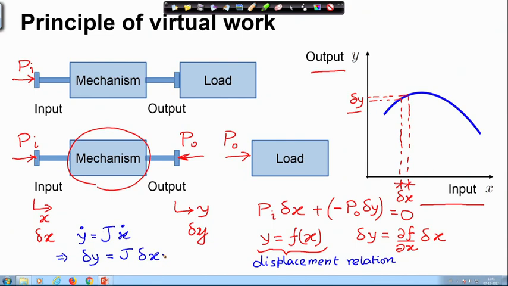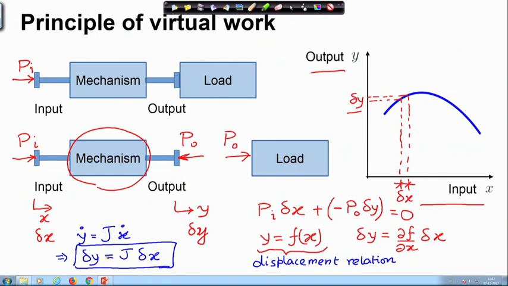Because time is being frozen, I can consider that a small change in y and a small change in x with time frozen is related through the Jacobian of the mechanism. Now, this gives us the input output virtual displacement relations in a straightforward manner.